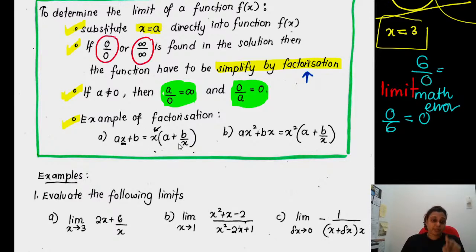Then they write a plus b over x. Here they pull the x square out. Usually try to pull out the one with the bigger power, or you can also pull out the one with the smaller power. Then you factorize and get this form also. But for this last one, the teacher will show you using an example.